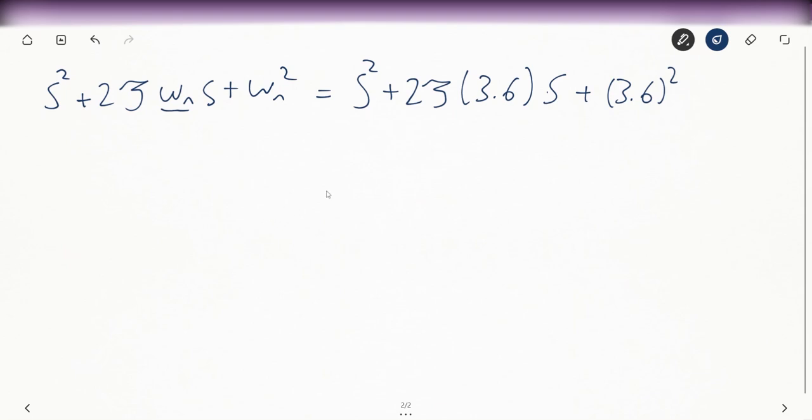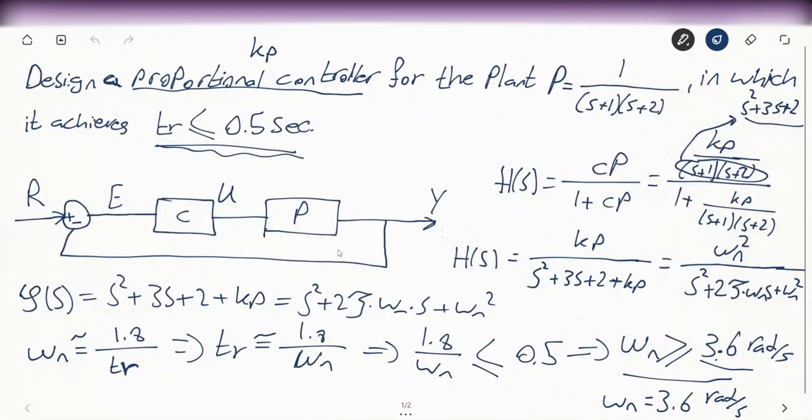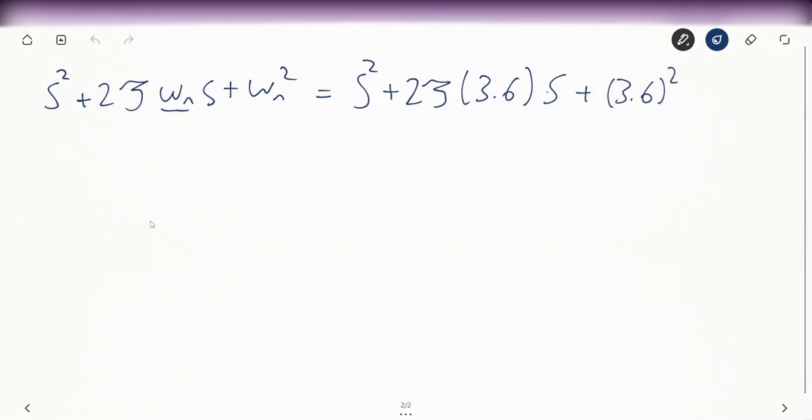Now, we are going to benefit from what we have got from our transfer function. This is the transfer function of any standard second order control system, but this is the transfer function of our control system. So by coefficient matching, we will be benefiting from the combination of those two transfer functions.